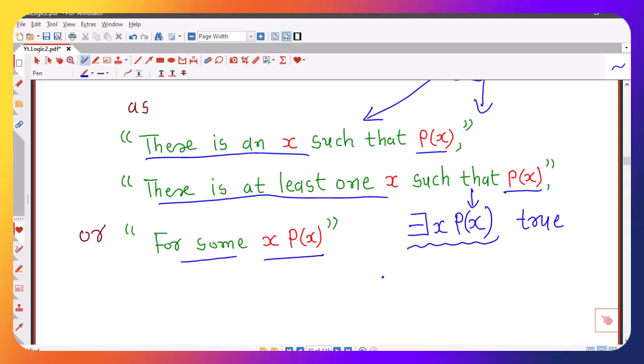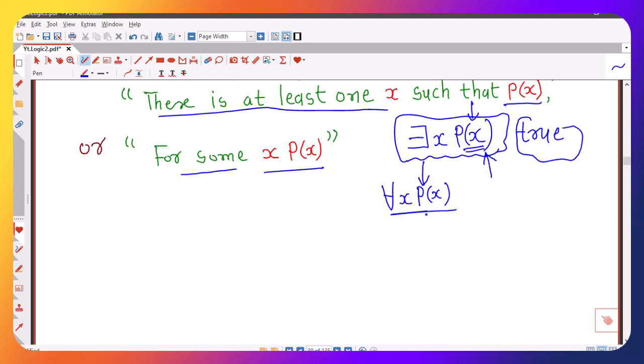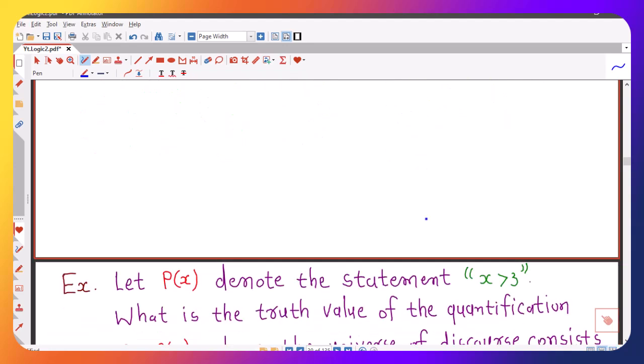As we have seen, universal quantification of statement function px is true if px is true for all values of x. And here in existential quantification, the quantification is true if there is at least one value of x for which px is true. That is the difference between existential and universal quantification.